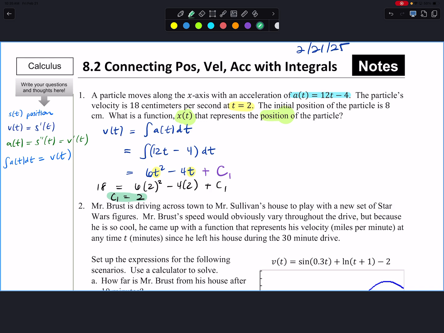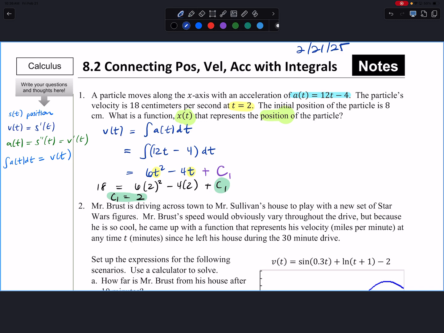So that means that my function, do you guys agree that that means that this number, where's my highlighter, is 2. So my velocity function is going to be 6t squared minus 4t plus 2. Okay, is everybody cool with that? Now to find the position, I have to integrate this.